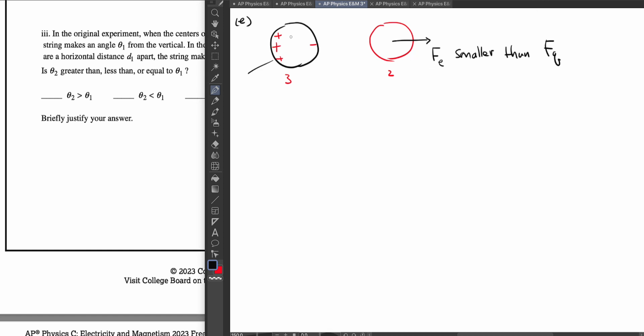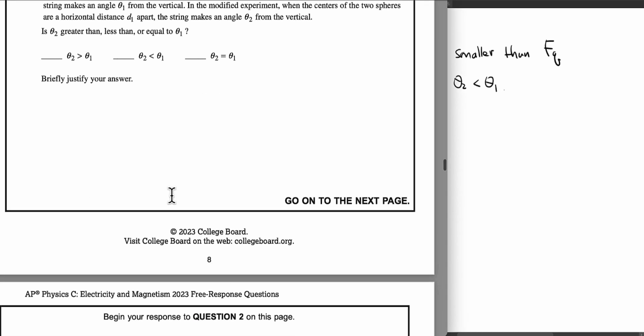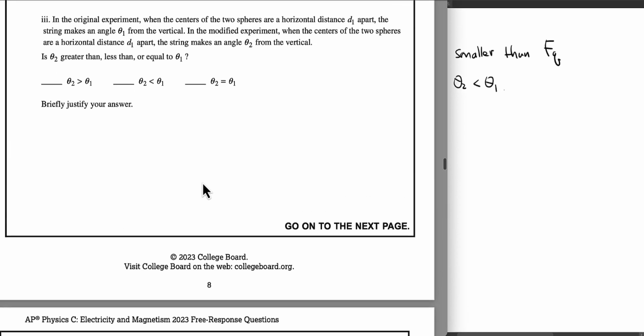Because of this redistribution, the positive charge is further away from sphere 2 and the negative charge is closer to sphere 2, right? So that will make this repulsion smaller, and that means a smaller angle. So theta 2 is less than theta 1. All right, so that's question number 1.